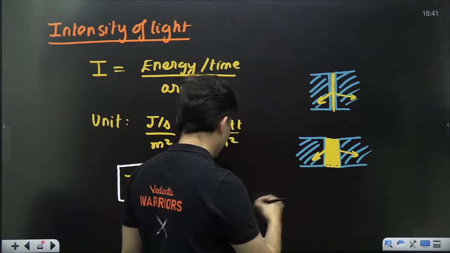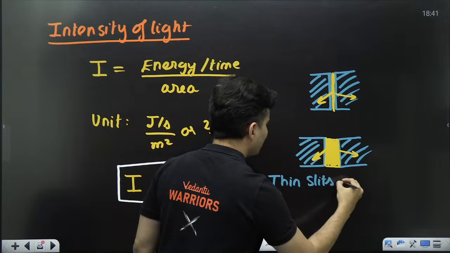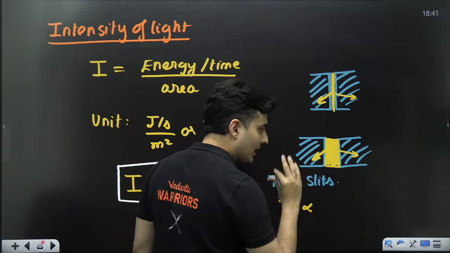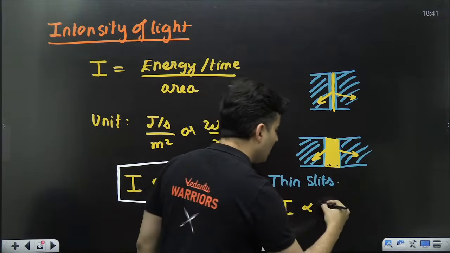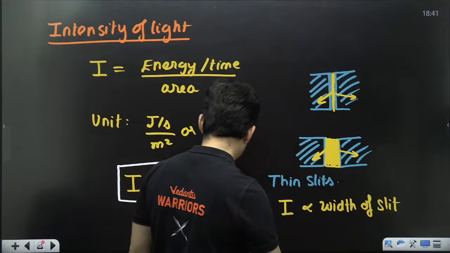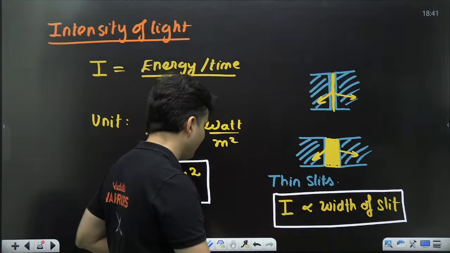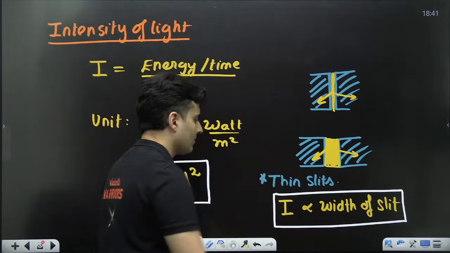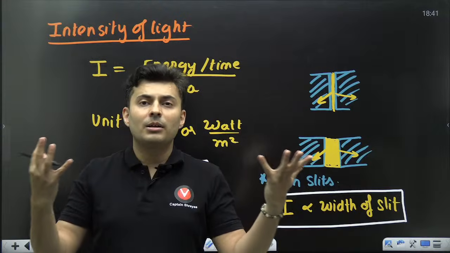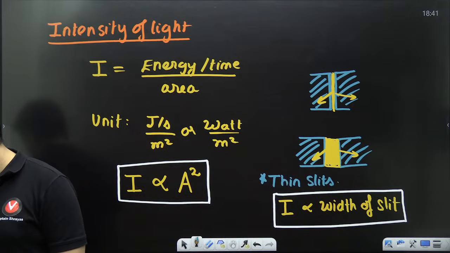So for thin slits, remember, the intensity is directly proportional to the width of the slit. Keep this in mind. A very important result again. Some people think it is independent. No, this is only for thin slits, not for very wide slits. Please keep that in mind.